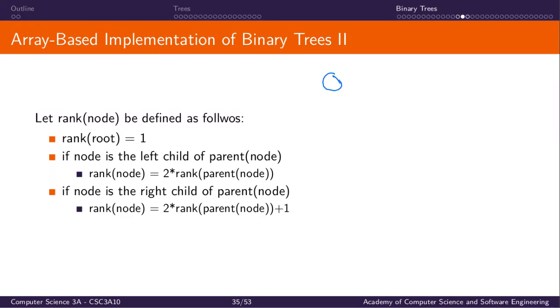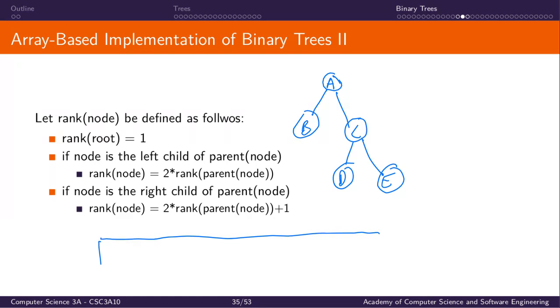It was storing just characters, A, B, C, D, E. If I want to then store this in an array, then I can do that by calculating the ranks of each of these elements in my tree and storing that at the correct place within this array. We agree that the rank of the root will be 1. So I can store the root at 1.